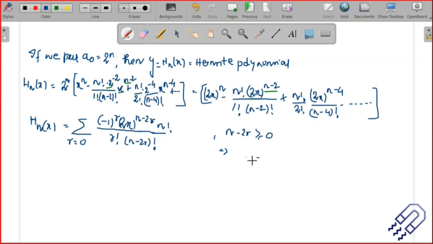You know the inequality rules, right? So 2r will always be less than or equal to n. So that means r is always going to be less than or equal to n by 2. That means the limit is not from r equal to 0 to n. This is going to be r from 0 to n by 2. The moment it becomes greater than n by 2, this part will become negative, which is not valid, right?